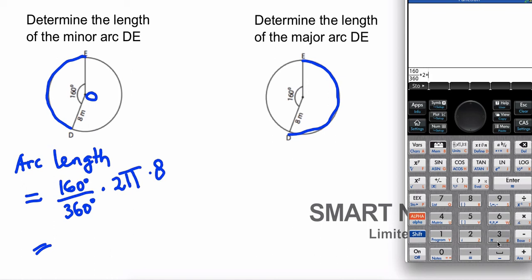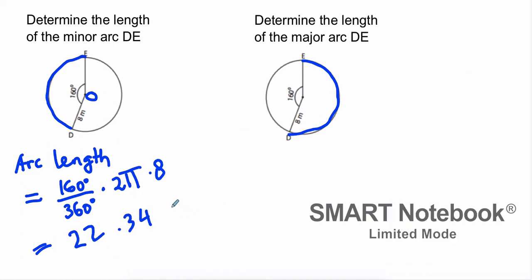You should know the pi button is here, so you have to press shift and then 3 to get the pi button, and then we multiply that by the radius, which is 8. So, 22.34 to 2 decimal places, and the unit is in this case meter.